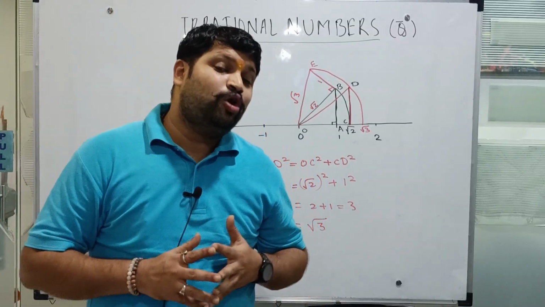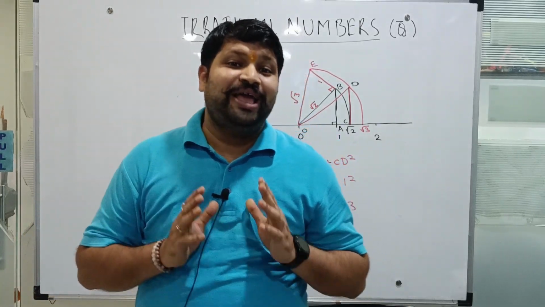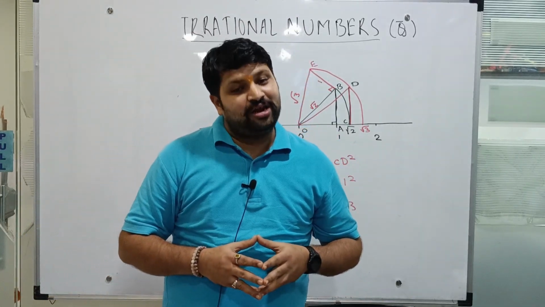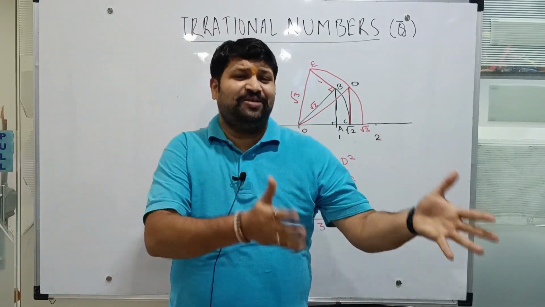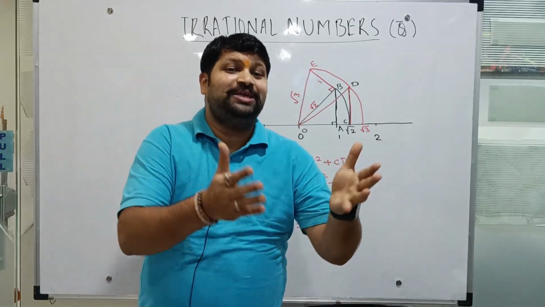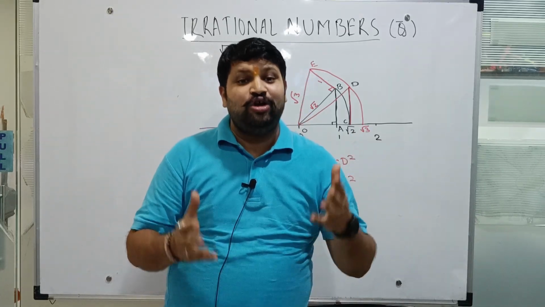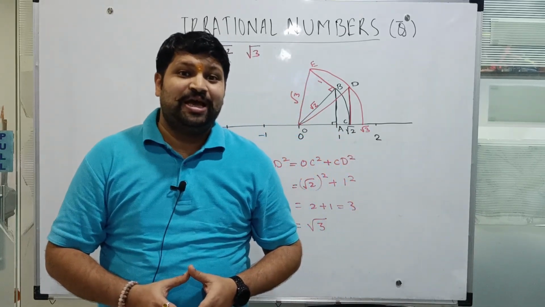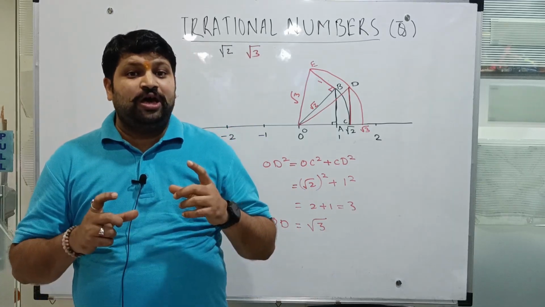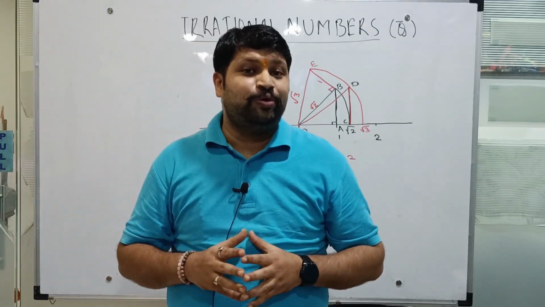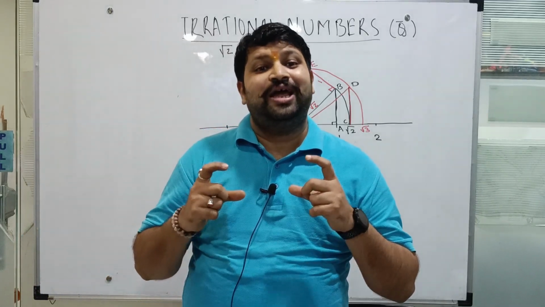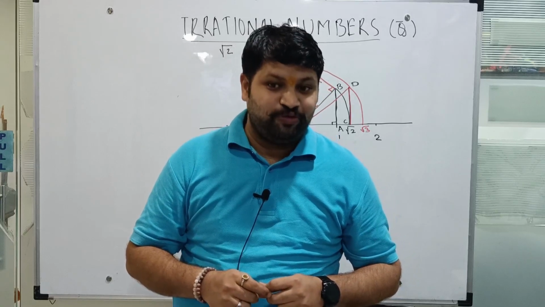Now let us go ahead and talk about irrationality of irrational numbers. So basically we are going to prove why these numbers are irrational, or how these numbers are irrational. There is a specific method to prove this. It is called the indirect method of proving.